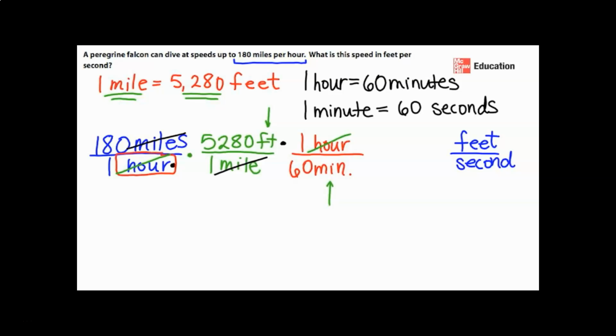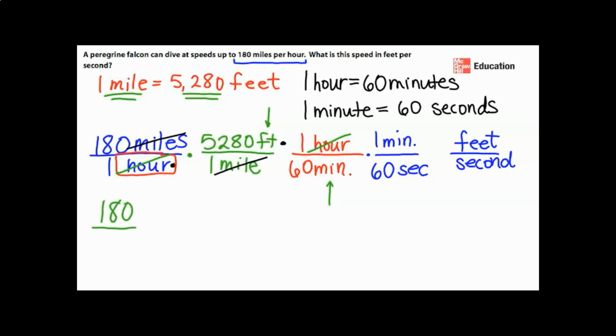Our ultimate goal was feet per second. So we have one more conversion fact to use, and that is 1 minute is equivalent to 60 seconds. So let's rewrite this without all of the extra words.